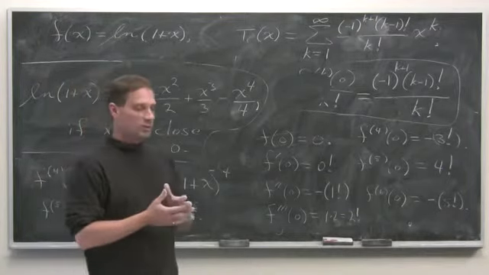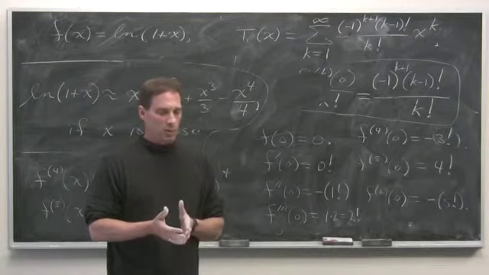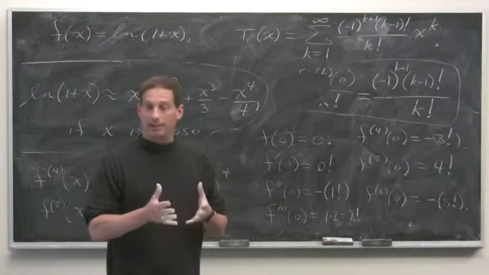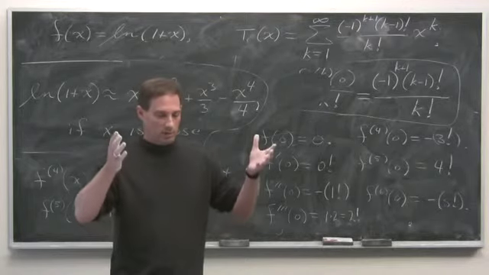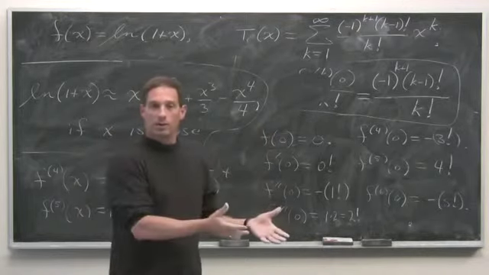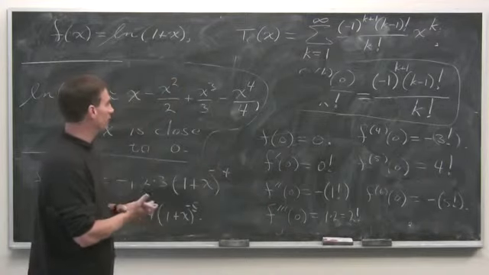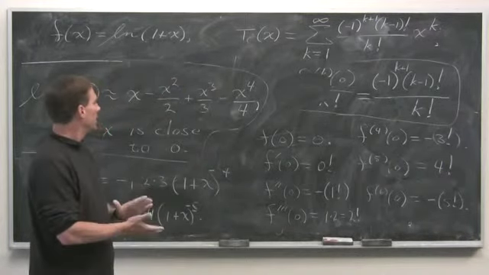This was just getting you used to notation and terminology, and the idea of approximating by a polynomial whose derivatives you force to be the same as the derivatives of your original function at the point a.